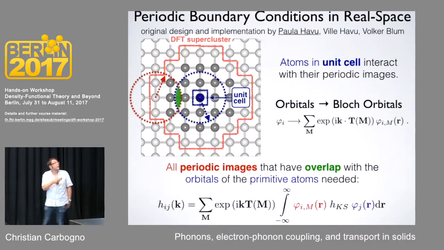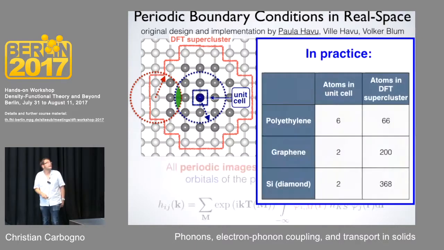And then, obviously, if you want to calculate something like a Hamiltonian matrix, you have to calculate all these kinds of integrals of all periodic replicas that interact with the one in the unit cell. Now you see immediately that this is an unbound integral, and that you have a lot of different atoms that you have to account for, even if you just want to integrate this one thing.